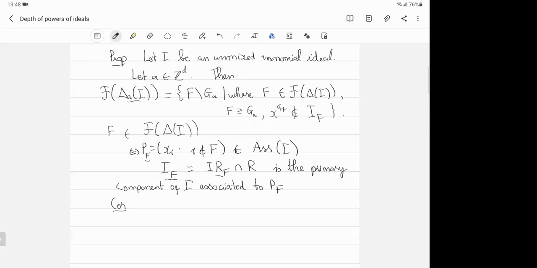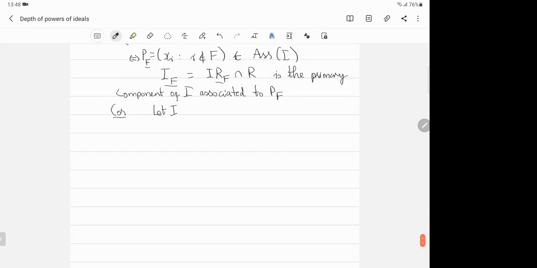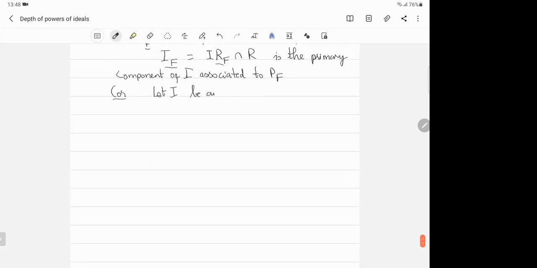So this implies the following. Again, I is unmixed. A now is just a non-negative vector.